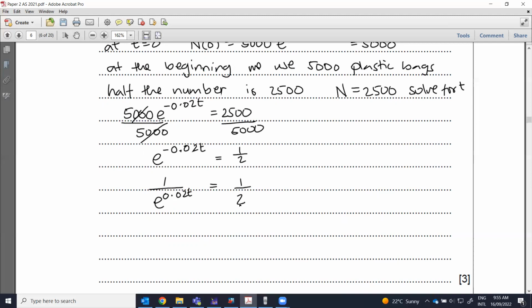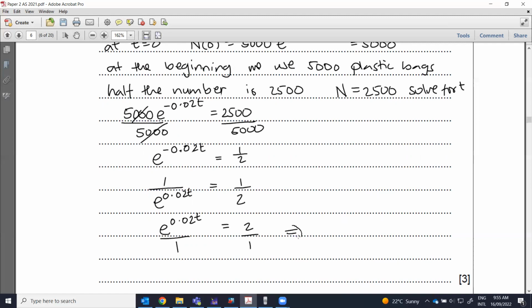And then I can cross multiply or take the reciprocal on both sides. So I have e to the power of 0.02t over 1. This is equal to 2 over 1. So I've taken the reciprocal on both sides.